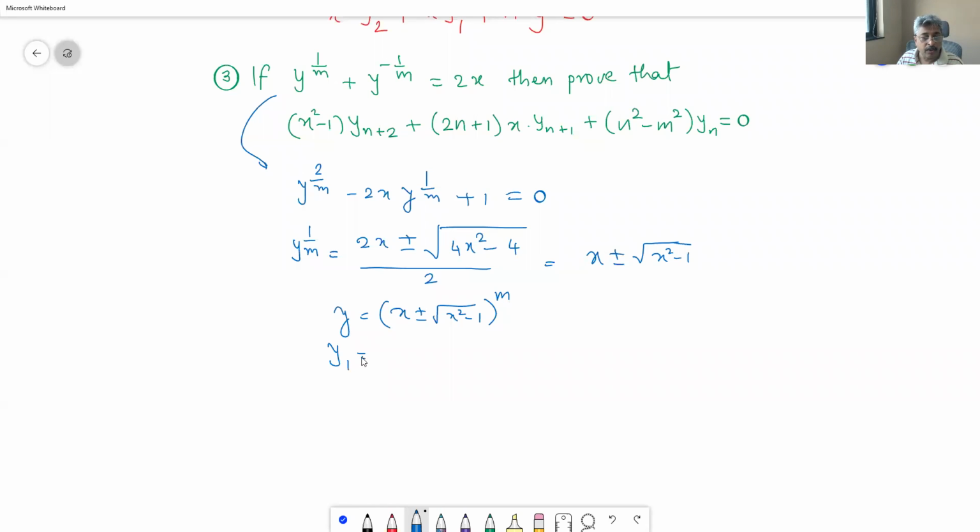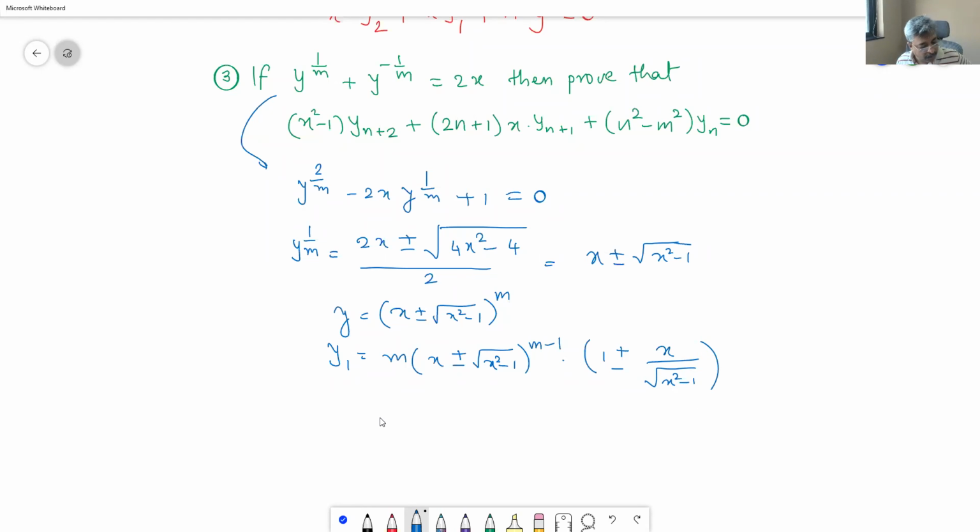So, first derivative y1 is equal to m into x plus minus radical x square minus 1 raised to m minus 1 into derivative of this, which is equal to 1 plus or minus derivative of this is going to be 2x and this is 1 upon root of this, so x upon radical x square minus 1. That is the derivative.